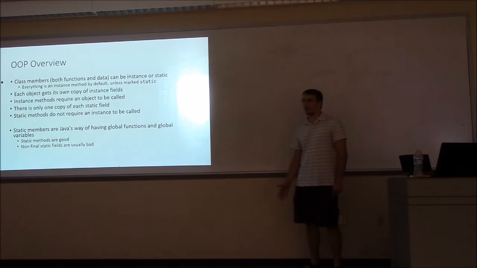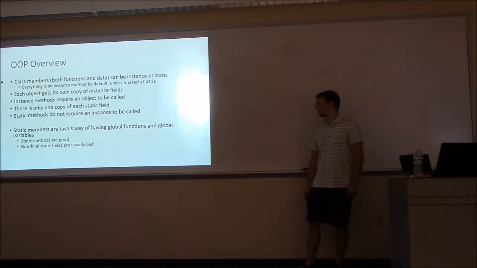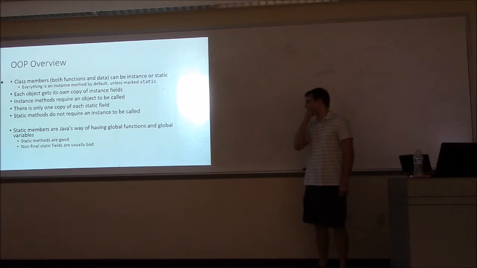So basically, static members are Java's way of doing global functions and global data, because you can't have a function or a variable at the top level of a Java file. Everything has to be inside a class. And having static members is basically just a way of organizing those global data. So static methods are good.